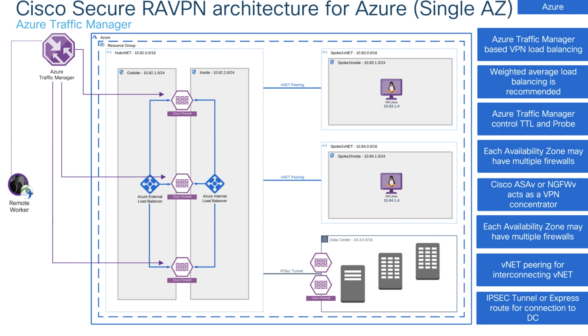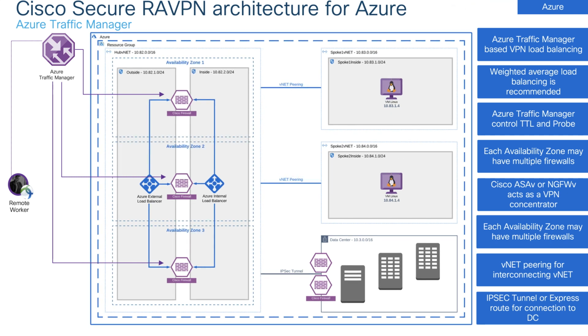And the best part is you can enable probes. So your Azure Traffic Manager is going to probe your firewalls, and if there is a failure, that device is marked as unhealthy, and going forward any new VPN connection that lands on Azure Traffic Manager is not forwarded to the dead firewall. Again, you can use multi-AZ architecture or single AZ architecture, that is up to you.